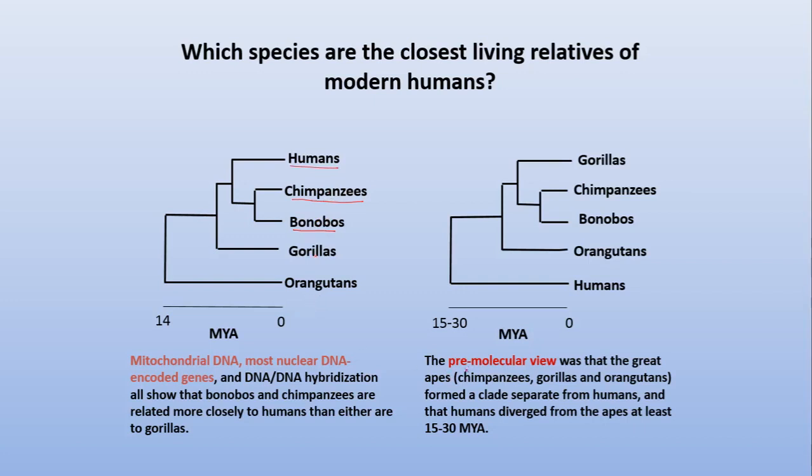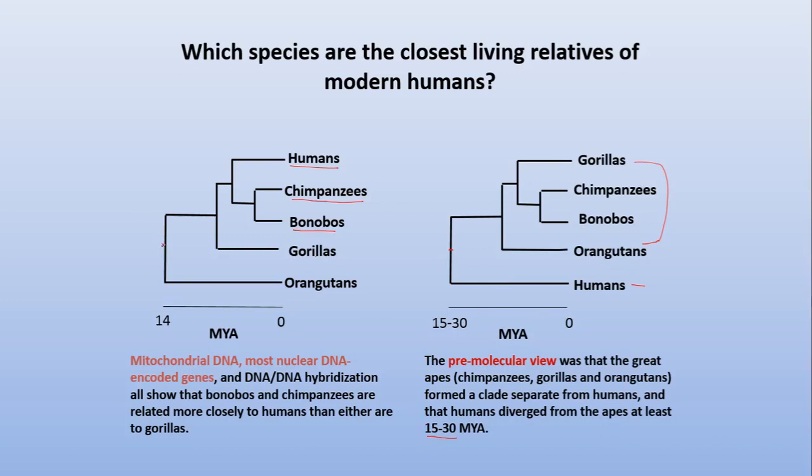On the contrary, the pre-molecular view of evolution was that the great apes, which include chimpanzees, gorillas, and orangutans, form a separate clade from humans. The common ancestor of humans was believed to diverge from the related apes some 15 to 30 million years ago.